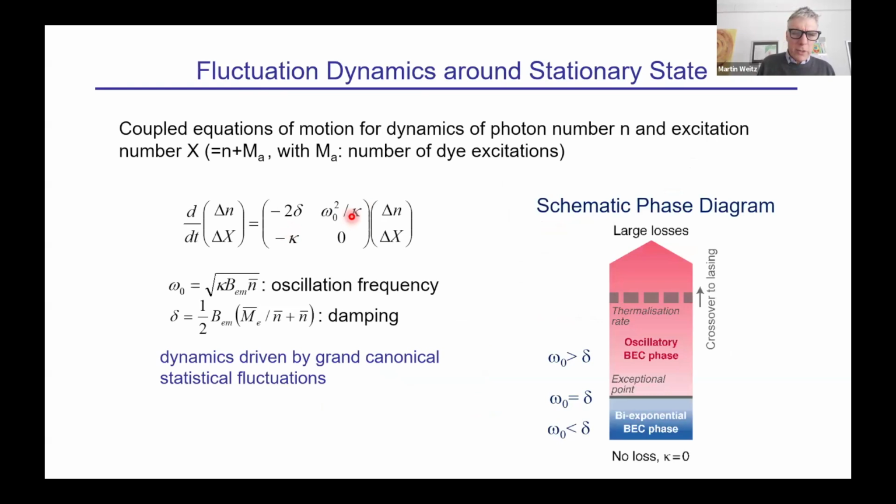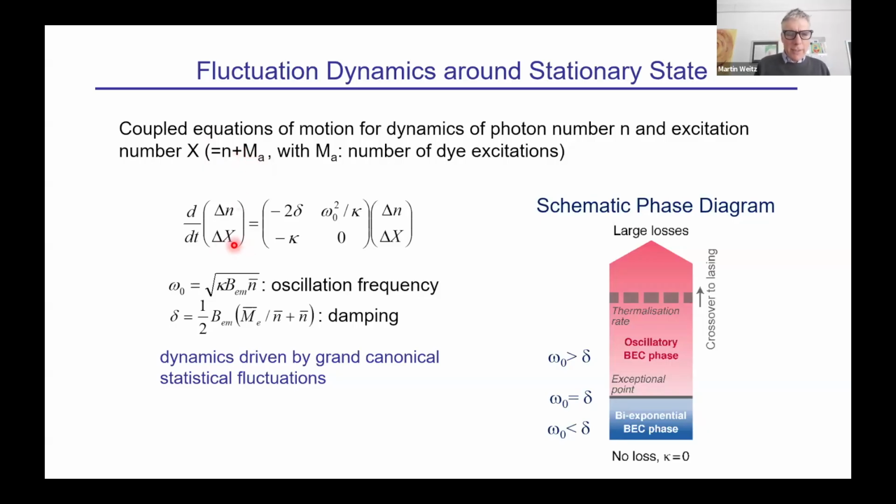For that, let's look at the coupled equations of dynamics for the photon number and the excitation number x, which is the sum of the photon number plus the number of dimolecules. If we would have perfect equilibrium, then the sum of the number of photons and excitations would be constant.